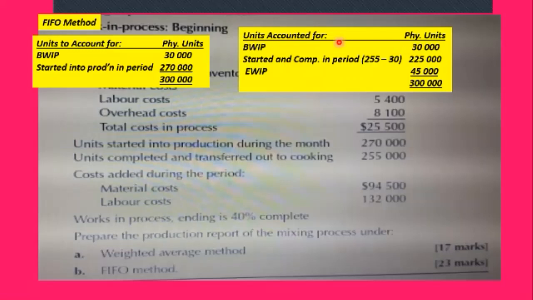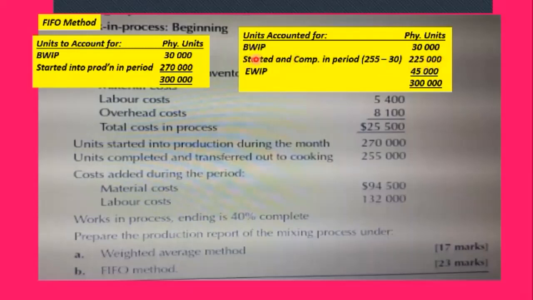We start with the 30 out of the 255 here. We have 30 coming from open stock. These would have been completed sometime during the month and transferred out here to cooking. So we take that out because you don't want to double count, and we get 225.